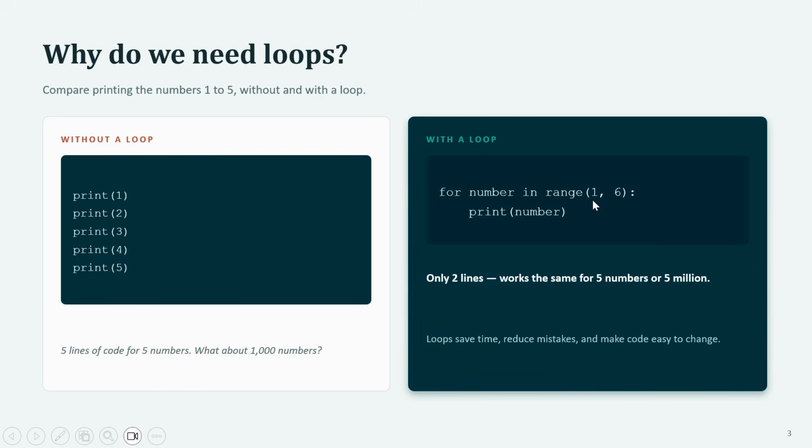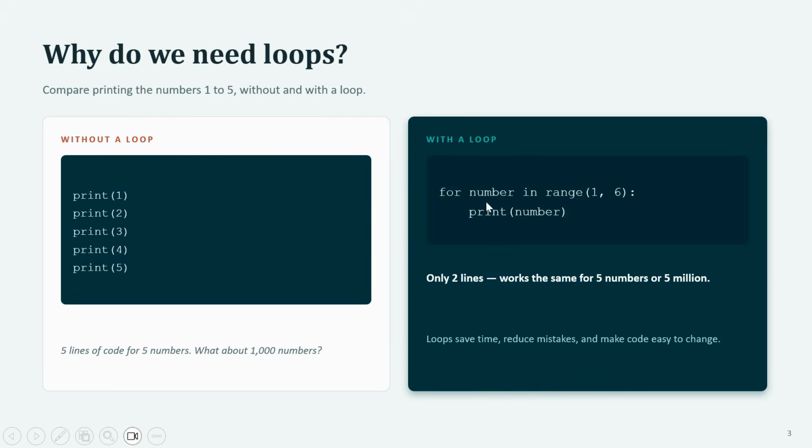So let's say if this condition is 1,000, then it will stop at 1,000, not at 6. This is a condition which should be met: the loop is in range of 6.